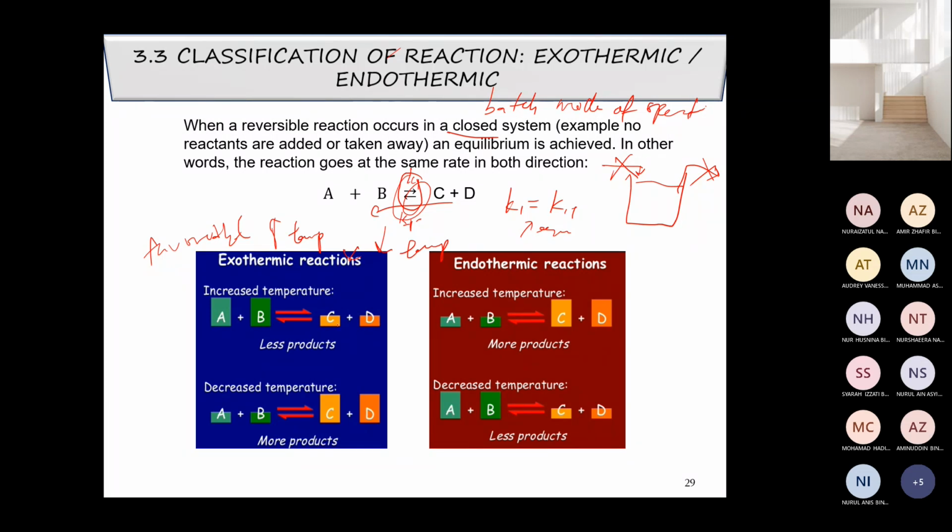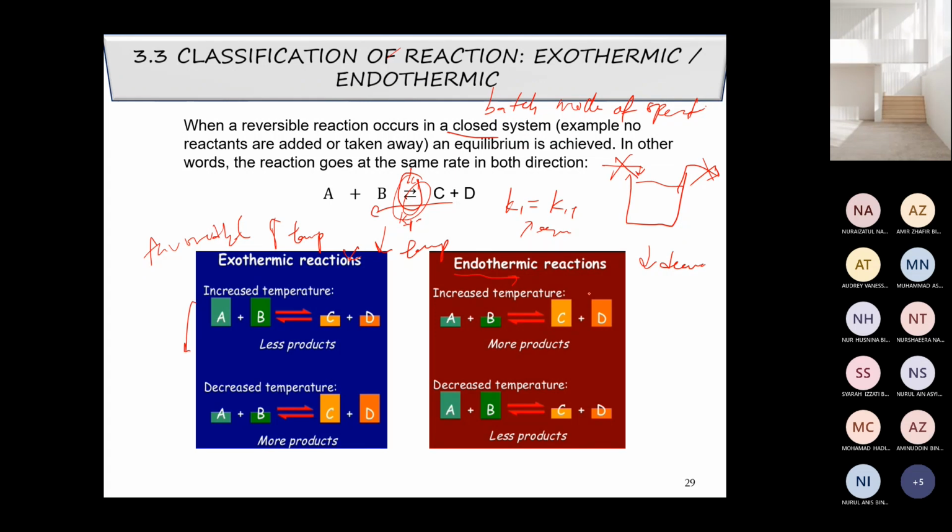So bila dia less being absorbed, dia akan decompose back to A plus B. And vice versa. And then here pula endothermic, of course kalau endothermic dia akan favorable kalau temperature dia decrease. So kalau kita increase the temperature, A plus B, dia akan more product.